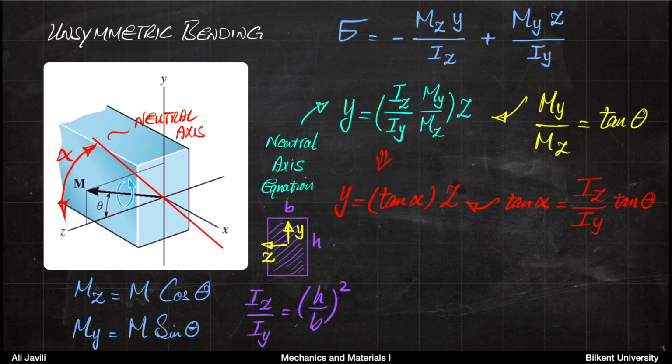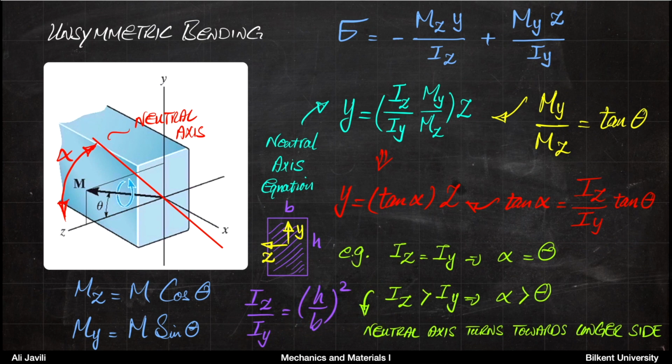The first thing that it means is that if h and b are equal, which again means it's a square basically, then this is 1, and tangent of alpha and theta are equal, and therefore alpha and theta are equal. But for instance, if Iz is larger than Iy, then alpha is larger than theta. So what does this mean?